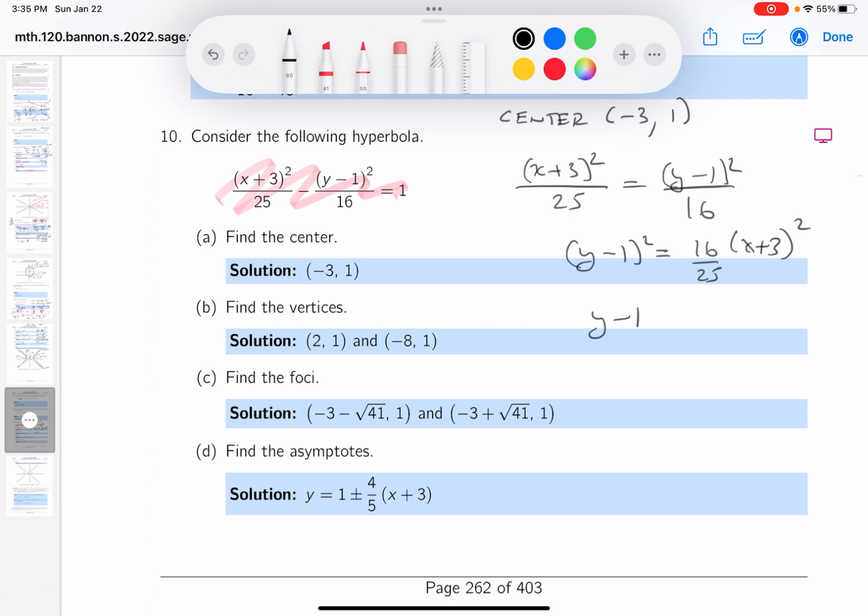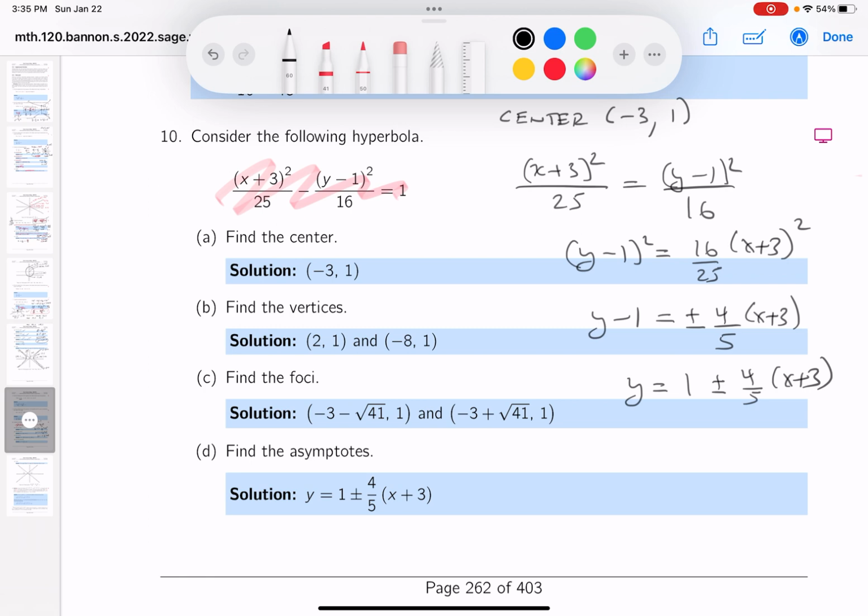Square root rule, y minus 1 is equal to plus or minus, well, square root of 16 is 4, square root of 25 is 5, x plus 3. And I'm going to write this as y equals 1 plus or minus 4/5 x plus 3 as being the asymptotes.